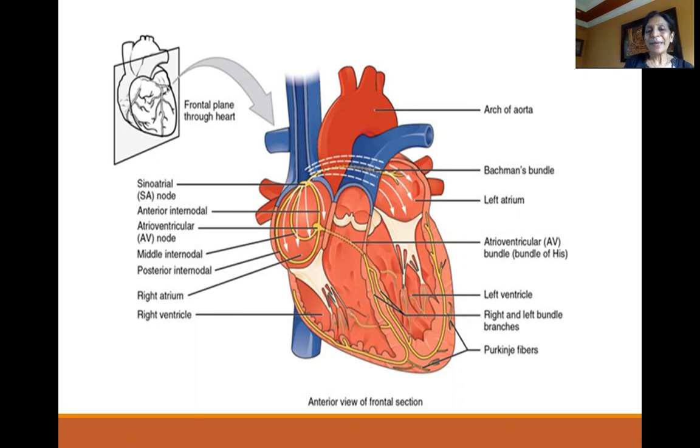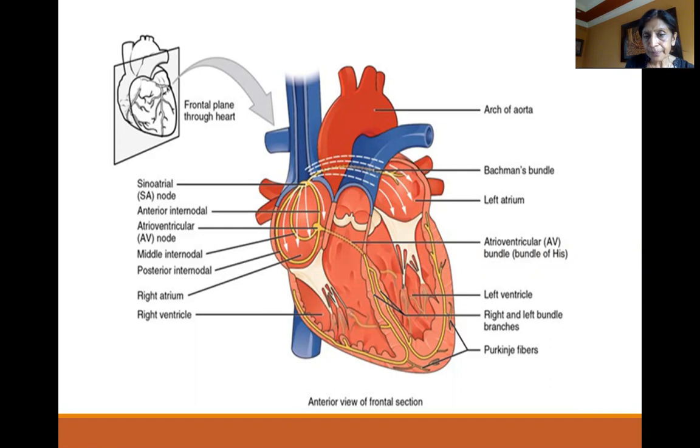Anyway, so SA node initiates the electrical signal in the form of depolarization that spreads between the two atria, also reaching the AV node, which then takes the signal to the AV bundle or bundle of His. From here, the signal is taken to the ventricle through bundle branches.